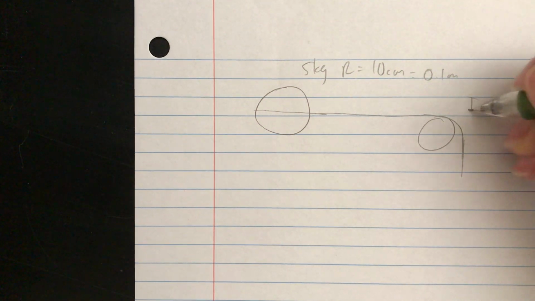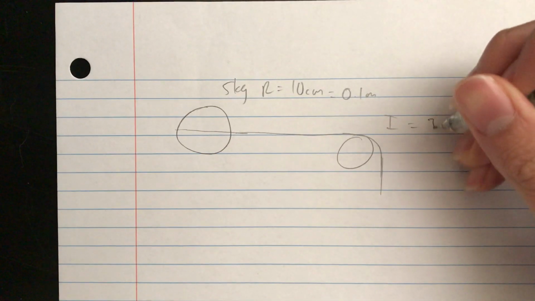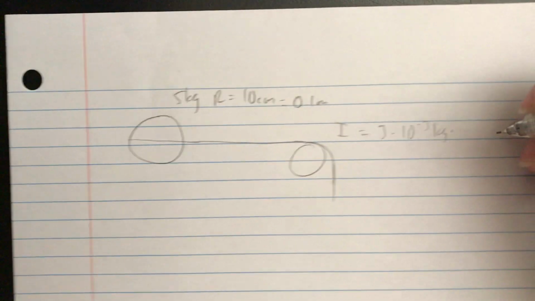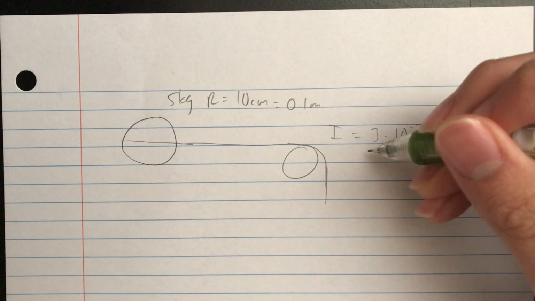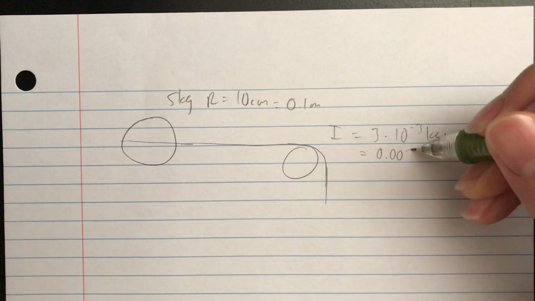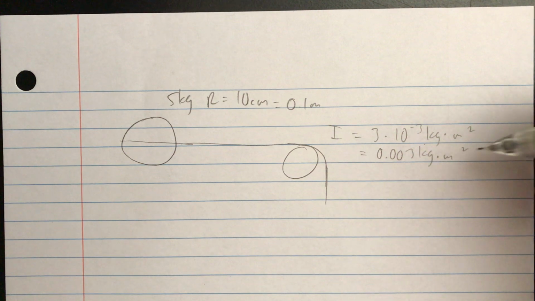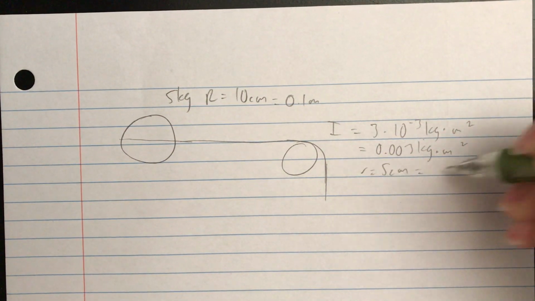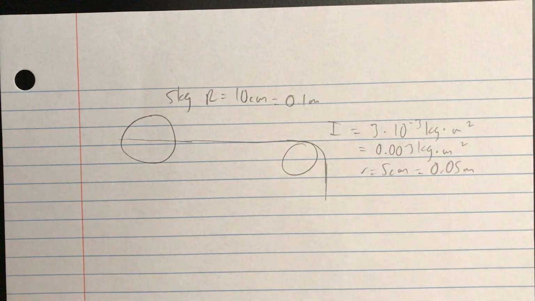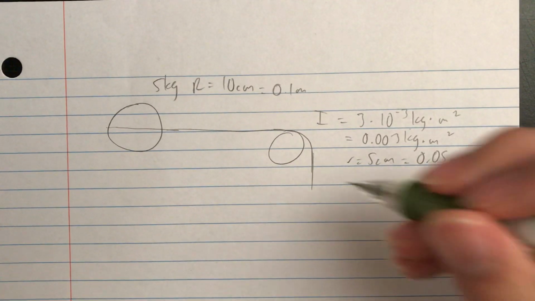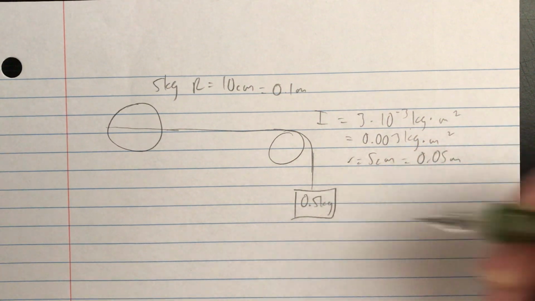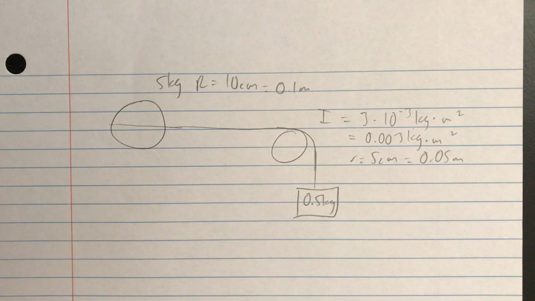The pulley has an I of 3 times 10 to the negative 3 kilograms per meter squared, or 0.003, and has a radius of 5 centimeters, or 0.05 meters. Lastly, there is a mass of 0.5 kilograms.